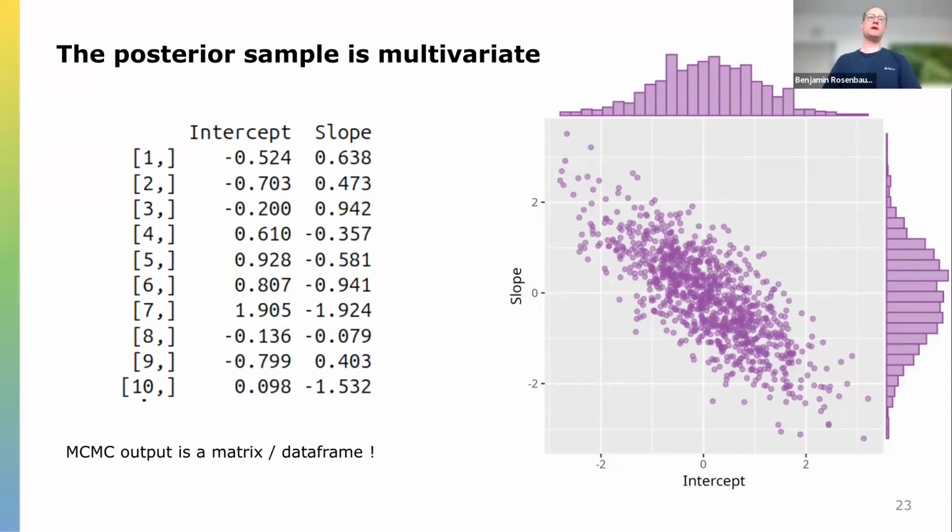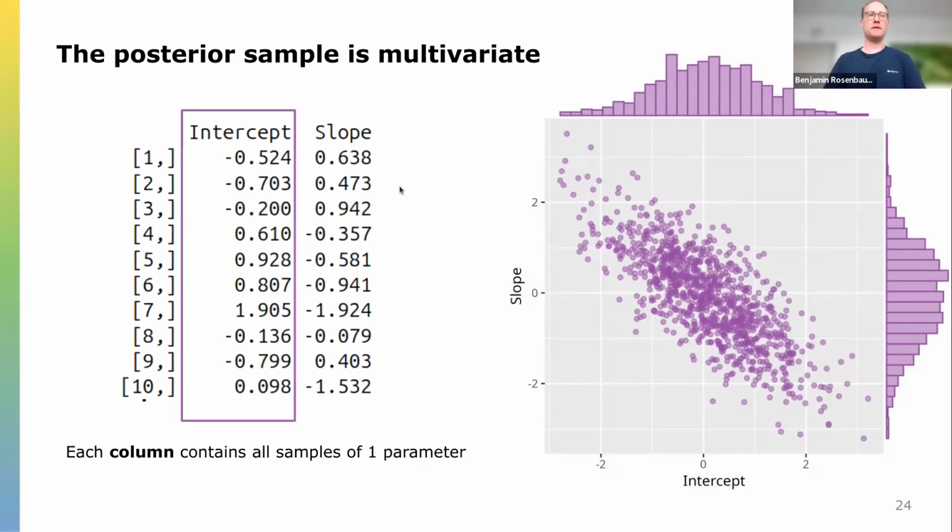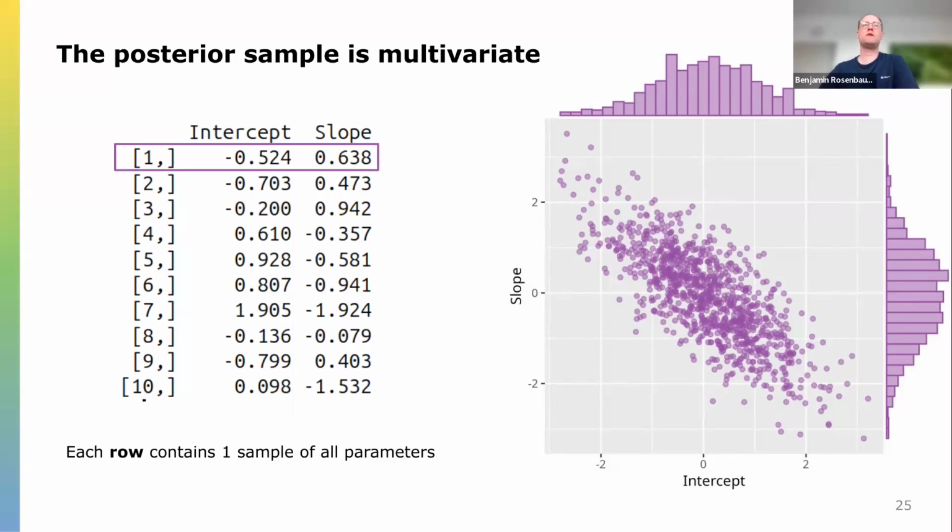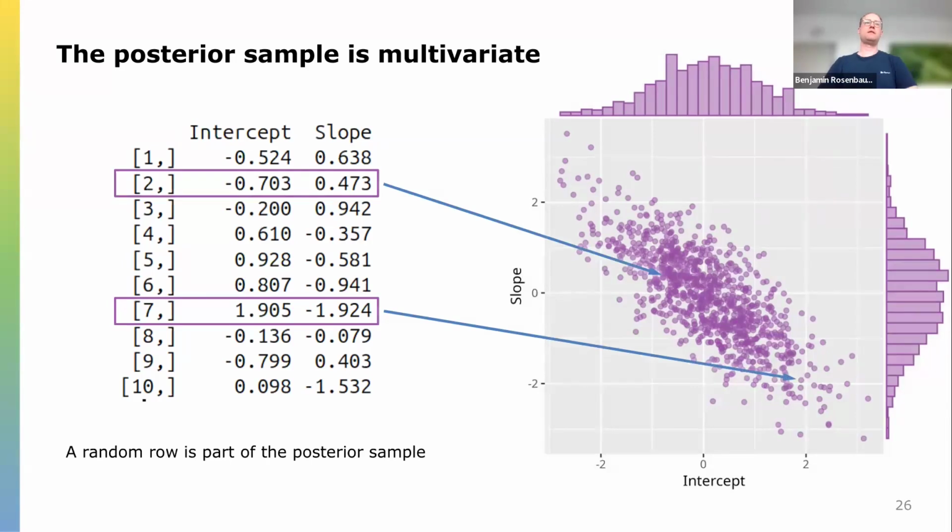You can convert the output to a matrix or data frame. In this case, every column contains all the samples of one parameter, and each row contains one sample of all the parameters, and they are connected. So each row corresponds to one point here in the samples.